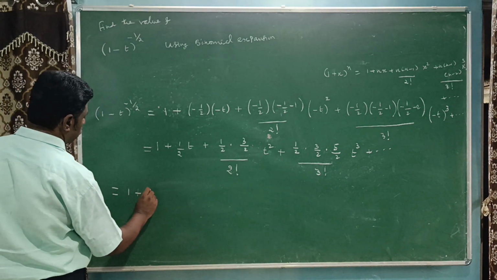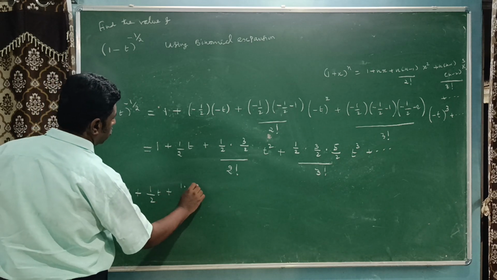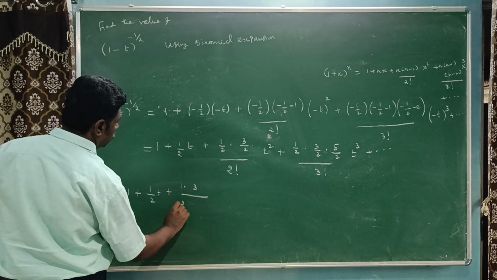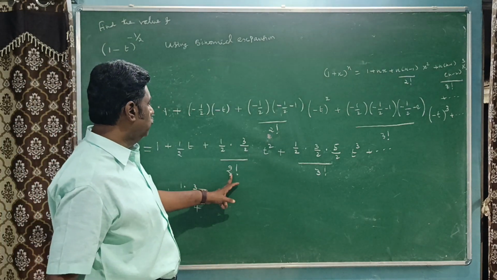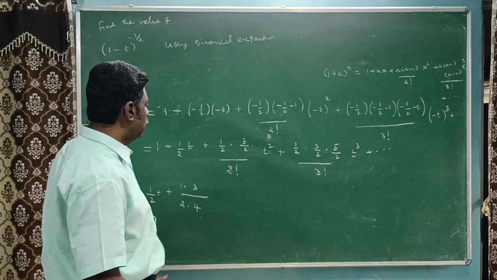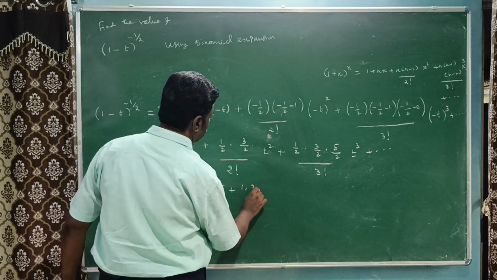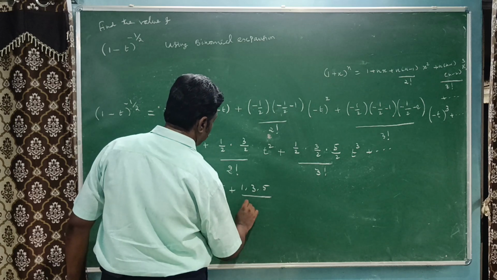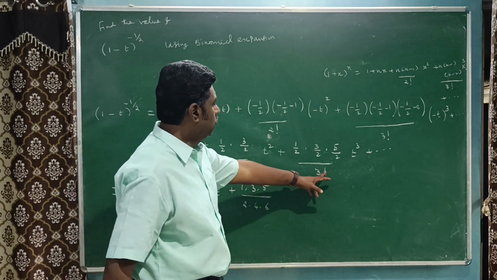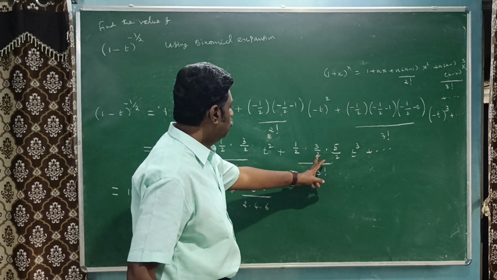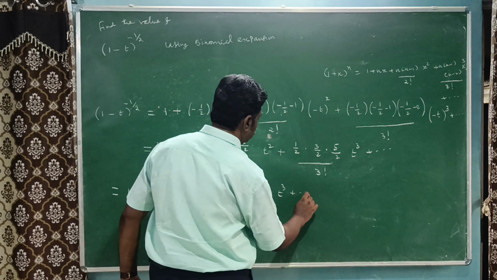Then this can be modified as 1 plus 1 by 2 t plus 1 dot 3 divided by 2 dot 4, t squared. This is 2, and 2 factorial is also 2, so 2 into 2, 4, t squared. Plus 1 dot 3 dot 5 divided by 2 dot 4 dot 6, t cubed, since 3 factorial is 6, and the series is going on.